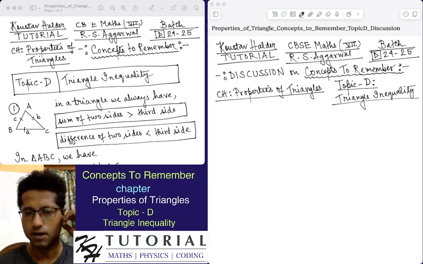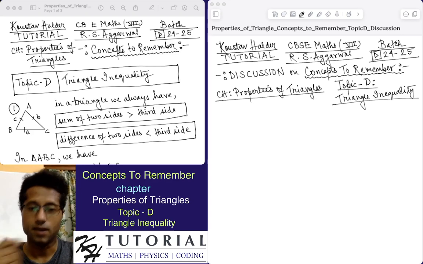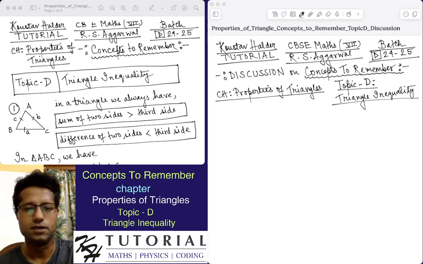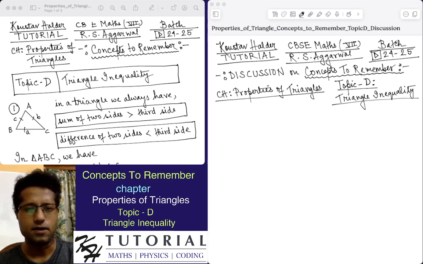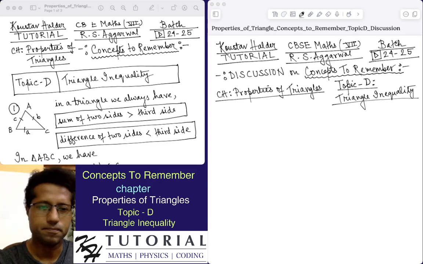Once you have completed studying a chapter, if you see this series of videos, it will give you a good evaluation of your understanding of the concepts, and you can use these videos as a checklist of all the key concepts that you need to remember and understand for solving most variety of problems. So let's start today's topic D, which is about triangle inequality.